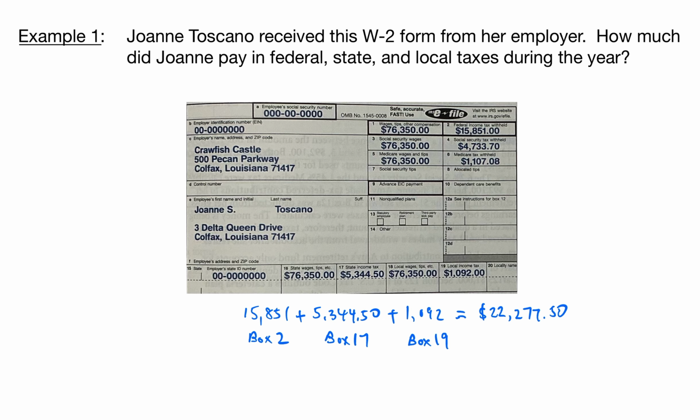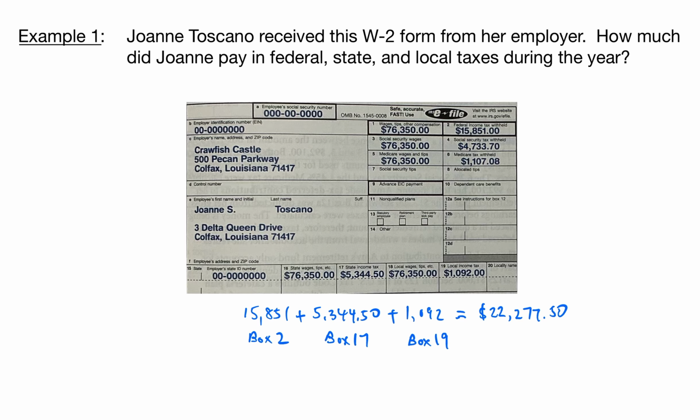Okay, now this number as a percentage of her wages of $76,350 is most likely a little bit too high. And so she will likely get a refund in one of these categories, whether it's federal, state, or local taxes.